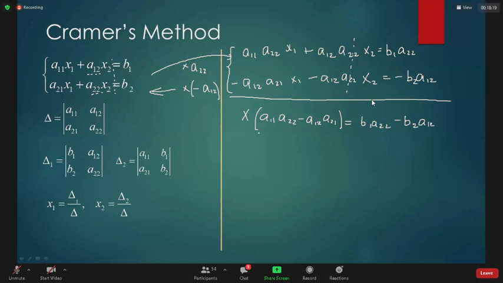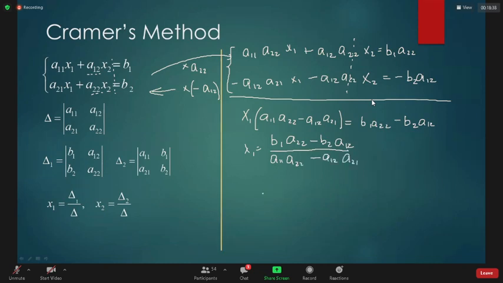Now just think about what we have here. So x1 would be b1 a22 minus b2 a12 divided by a11 a22 minus a12 a21.